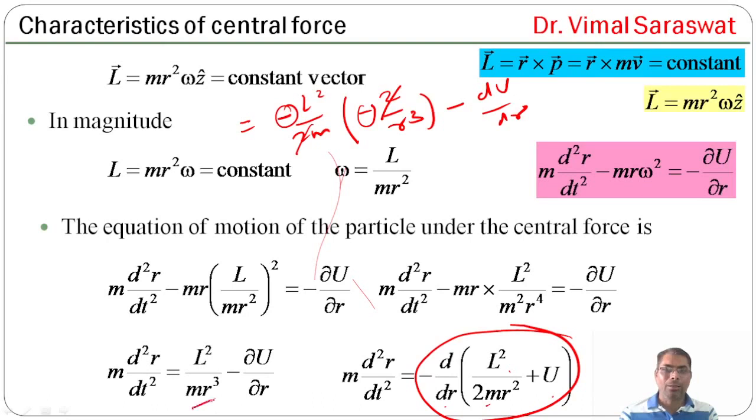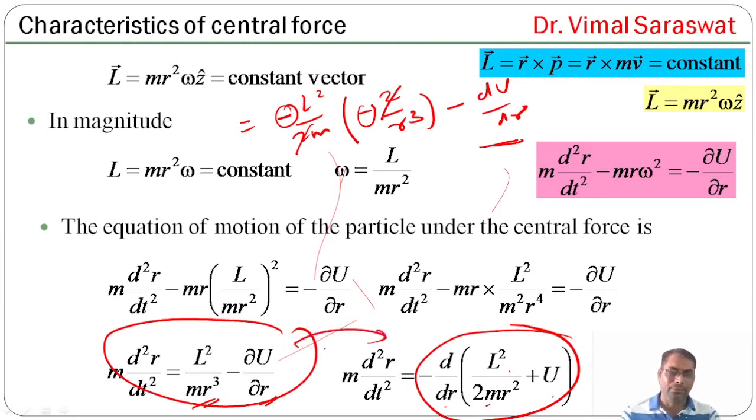So here we have L square upon m r cube, and this function minus du by dr is here. So we can easily write this relation in this way.